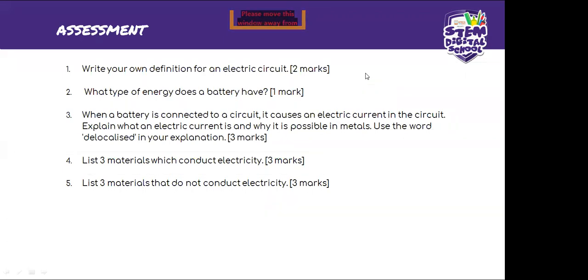Yeah, some of you are giving me 1, 2, okay, try to complete it. It says 3, it's for 3 marks. They say materials.